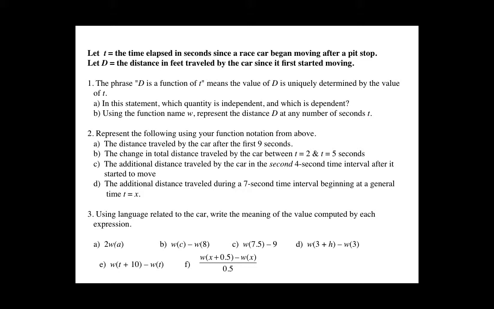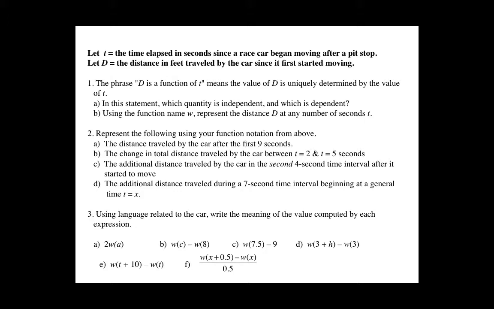But again, I can't just use the 7 seconds and say, oh, W of 7, because that would be how far the car had driven in the first 7 seconds or where it was at time 7. And that's not what I want. I want to know how far it traveled during a general 7 seconds that starts at mystery time t equals x. But if we can do this, we can just translate this: W of x plus 7 minus W of x.